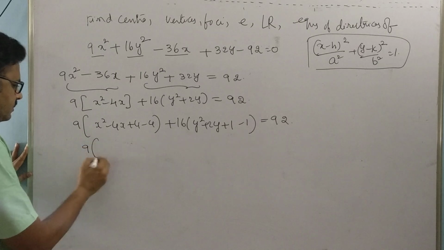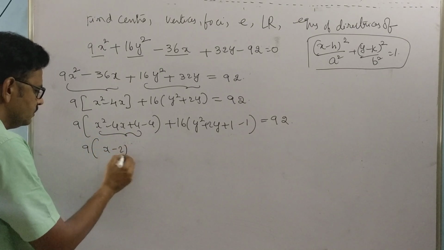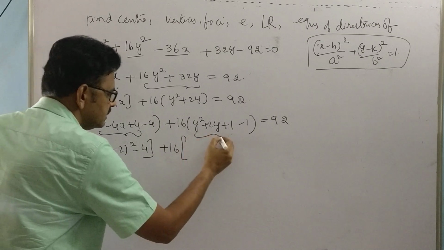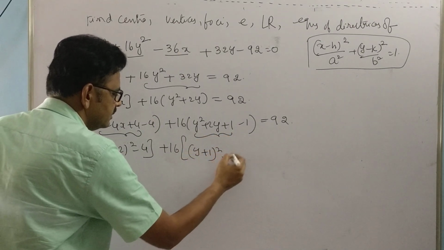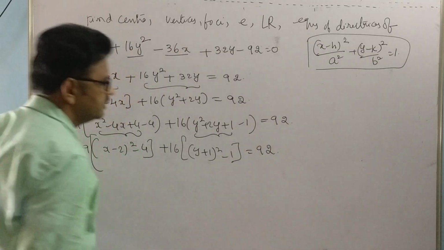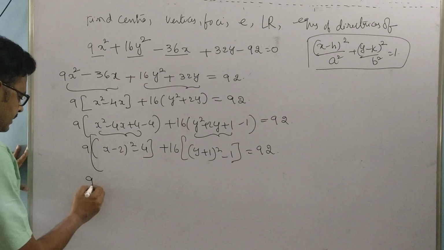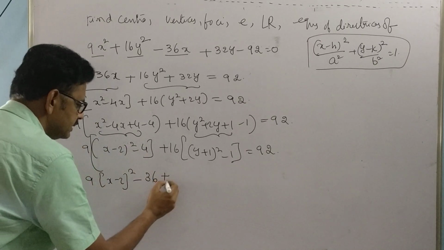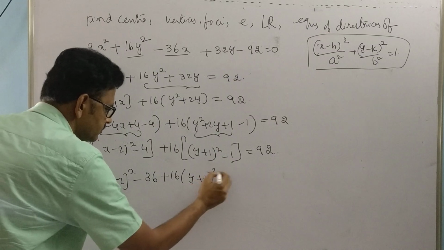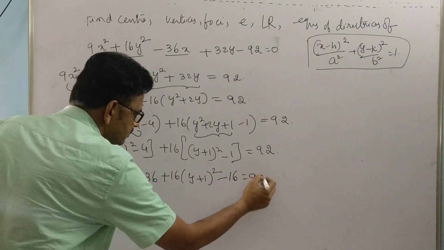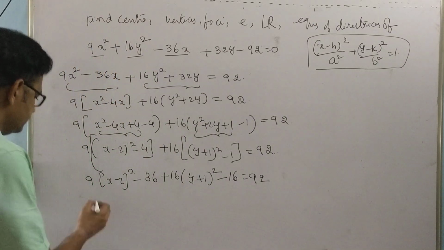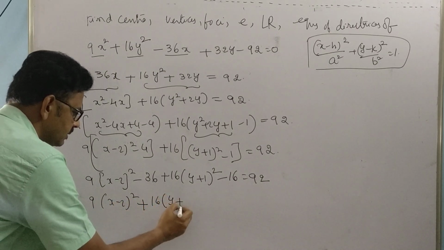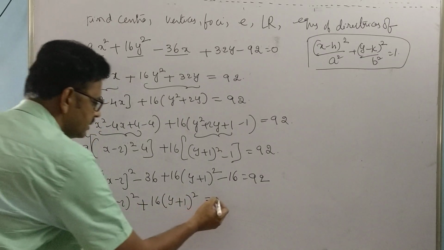So this is 9 into (x - 2)² - 4, plus 16 into (y + 1)² - 1, equal to 92.